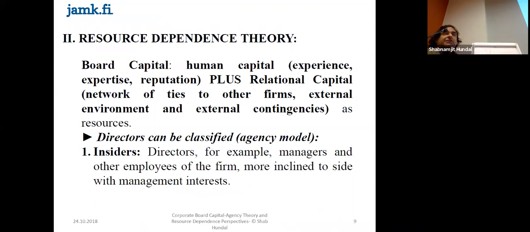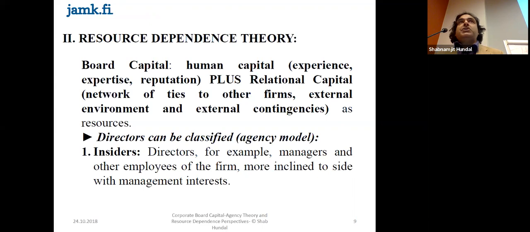In my publications, I call human capital plus relational capital reputational capital. So a company whose directors have high human capital and high relational capital, if we add these two phenomena, it becomes reputational capital.